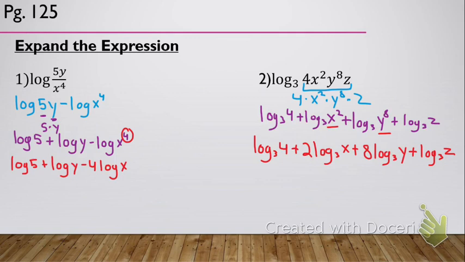This is log 5. So log base 5, and then you put this higher, minus log base 5. You've got to put the log in. Now you look at things that are being multiplied and subtracted by addition.